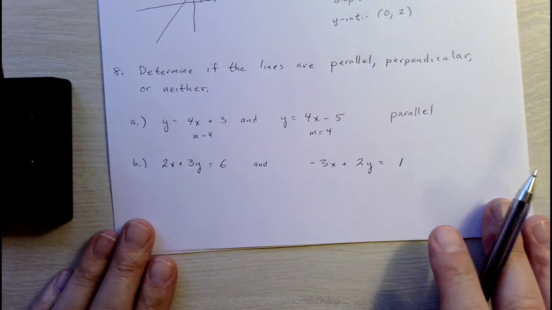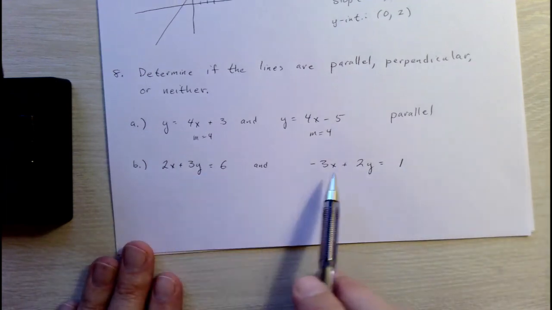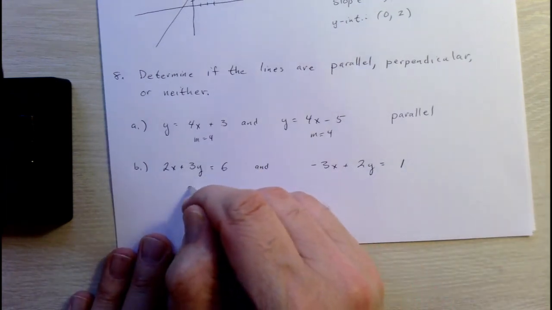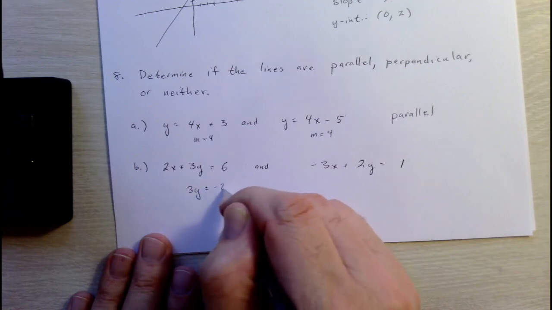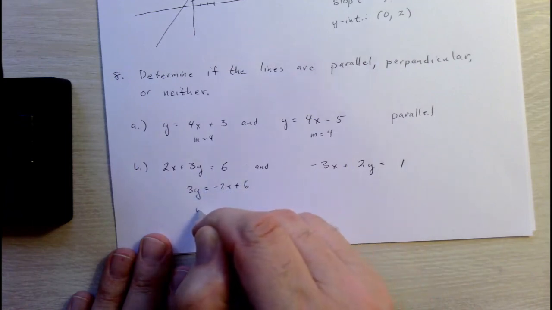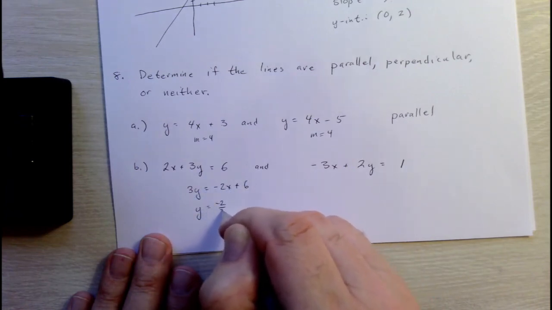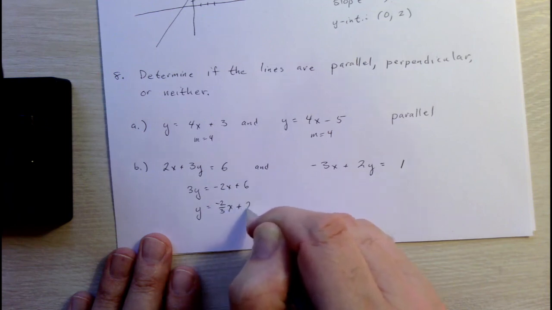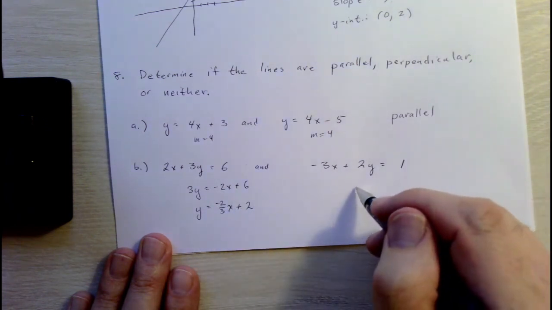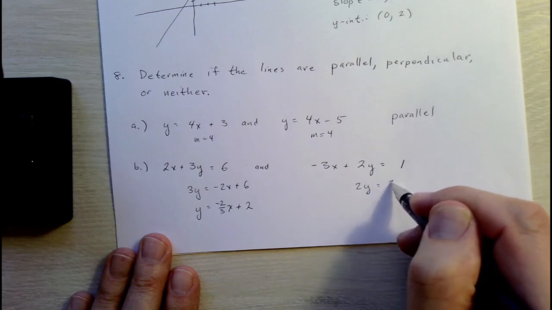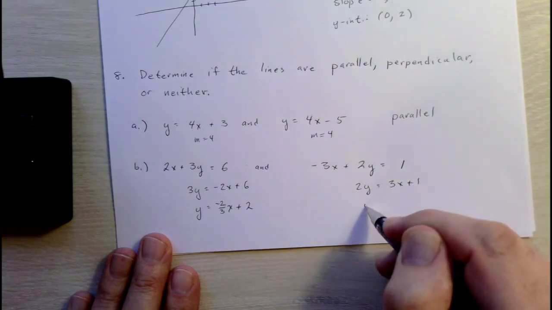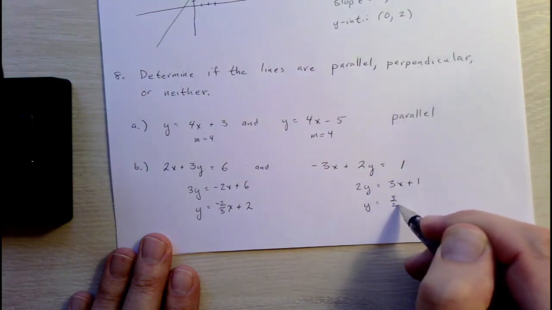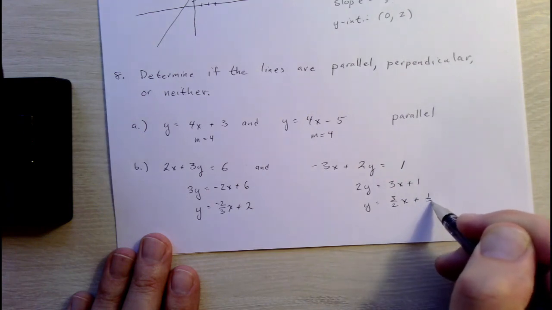And then we have to do a little work to put these in y equals mx plus b form. 3y will be minus 2x plus 6, so y equals negative 2/3 x plus 2. And then over here, 2y is going to be 3x plus 1, so y is 3/2 x plus 1/2.